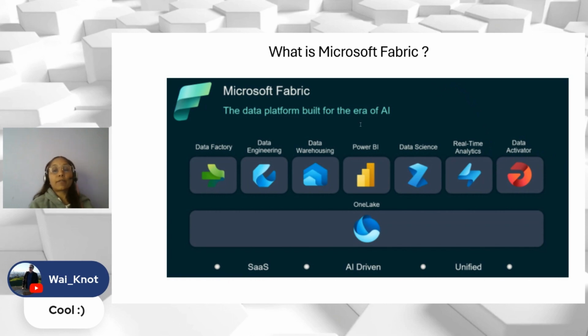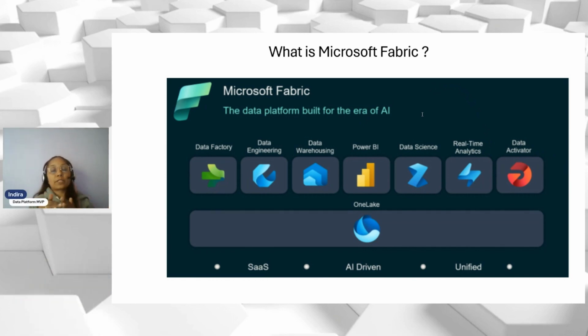It covers the entire analytics process, from data ingestion using the data factory, to transformations with data engineering, and then storage in the data warehouse. Everything works smoothly and is automatically optimized, ensuring a streamlined experience for developers and business users.